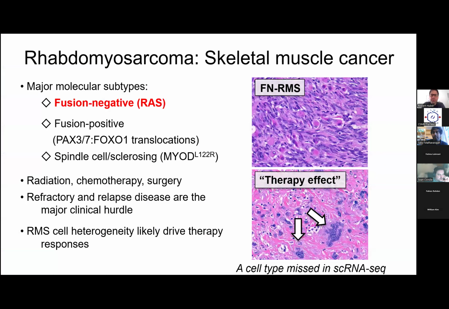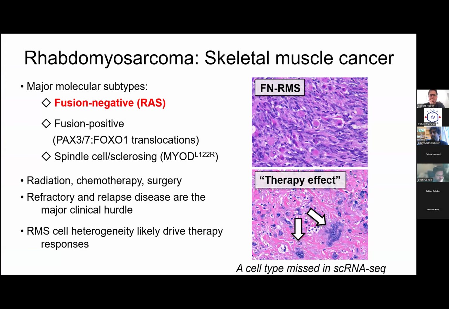And really our lab is focused on rhabdomyosarcoma, and it's a skeletal muscle cancer. It's a solid tumor, and it comes in three flavors. There's three subtypes known as, one is the fusion negative, which I'll primarily focus on. That's commonly caused by mutations to the RAS pathway.